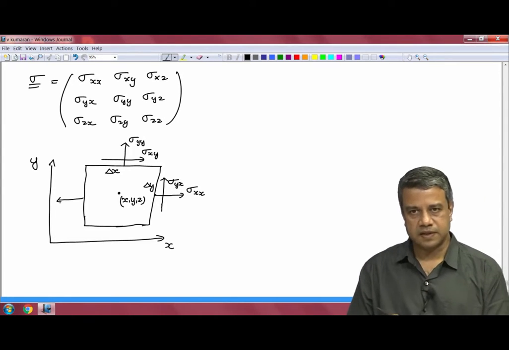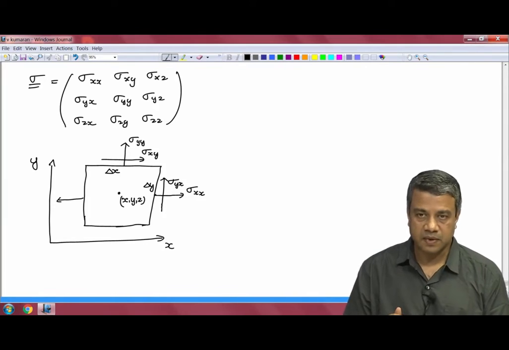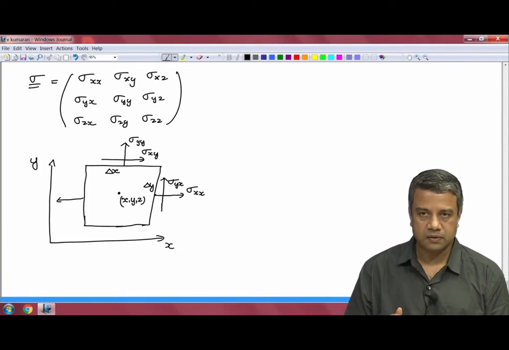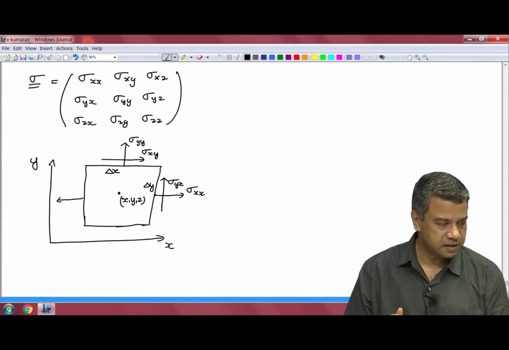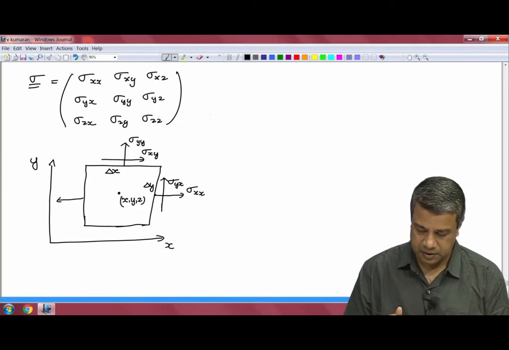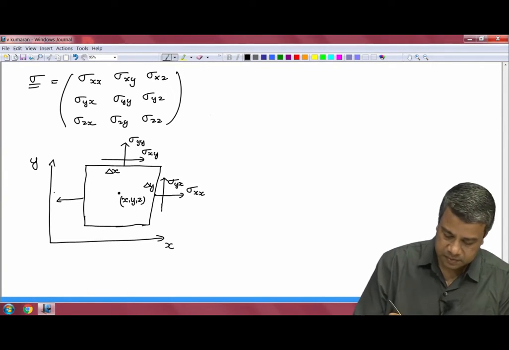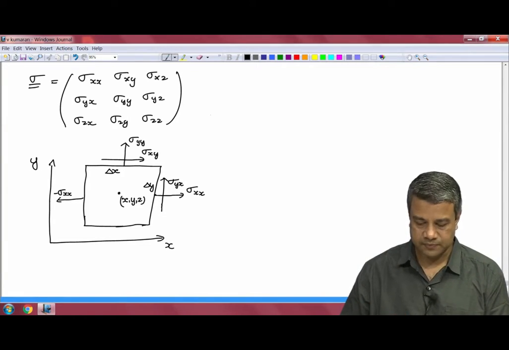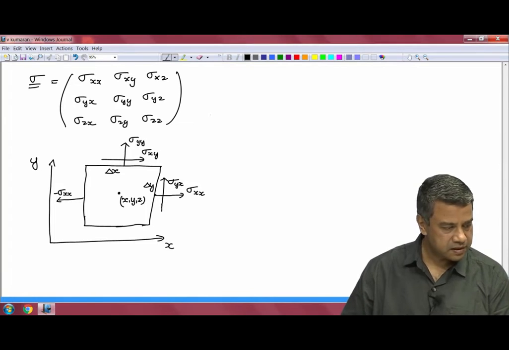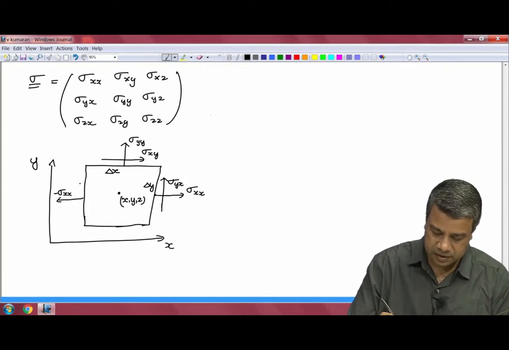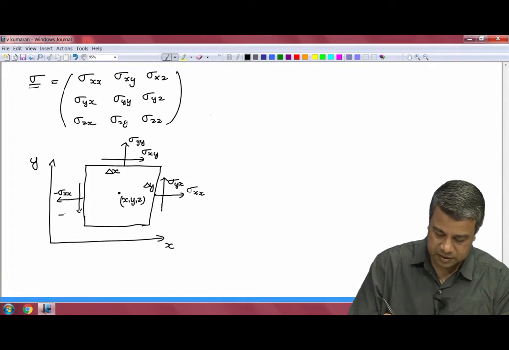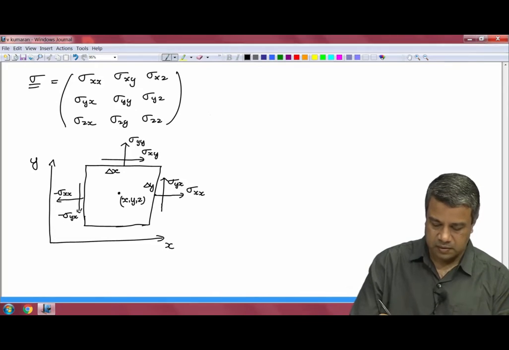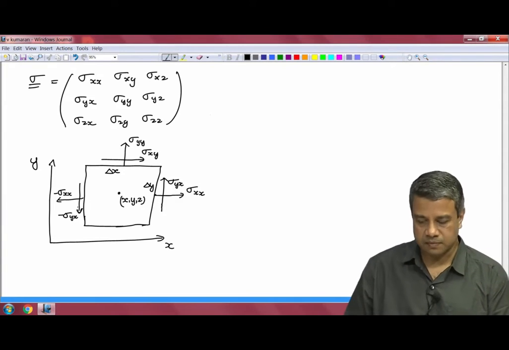At the left face, the outward unit vector is in the minus Ex direction. Therefore, the force per unit area is minus sigma xx, and the force per unit area in the y direction is minus sigma yx, because the unit vector to the surface is in the minus Ex direction.